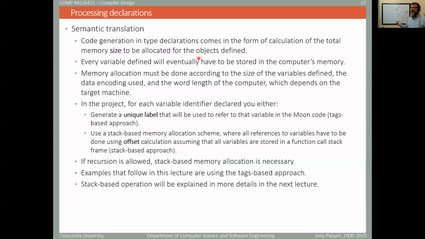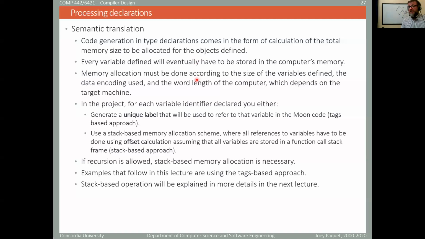However, if you define arrays or classes, then you need to define the total size of the array, or if you define a class, the size of a value that is of a certain type, which corresponds to a certain class. We'll come back to that in more detail later.